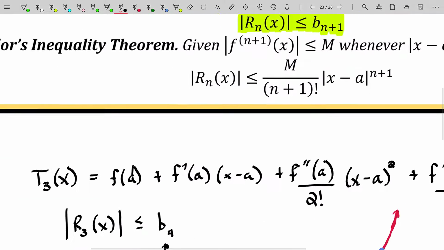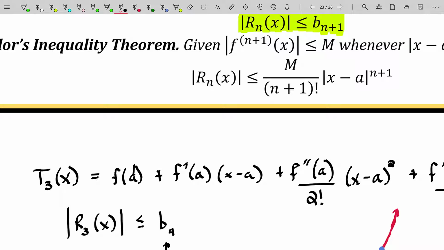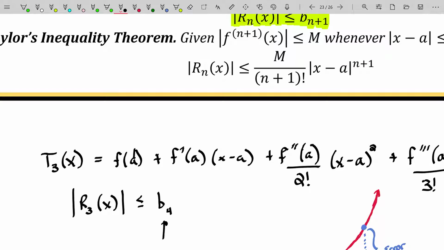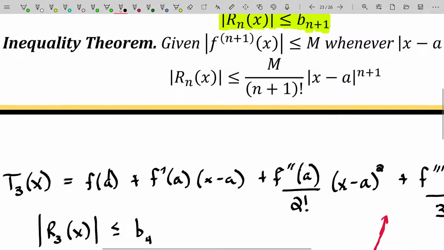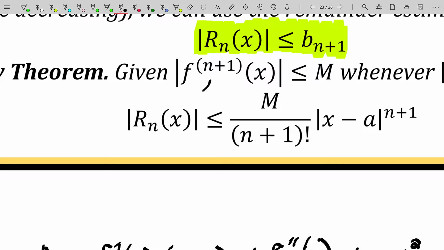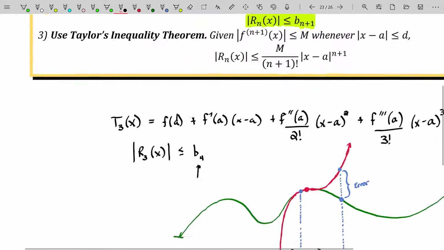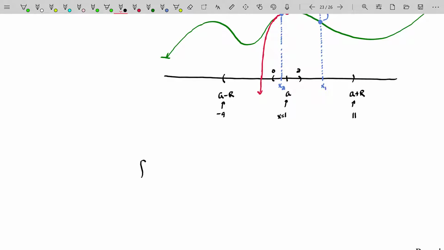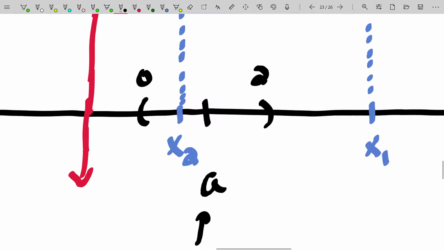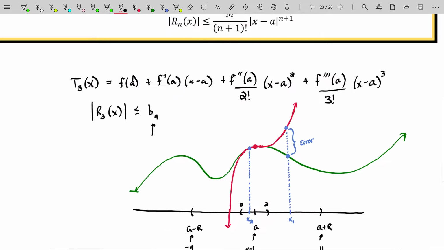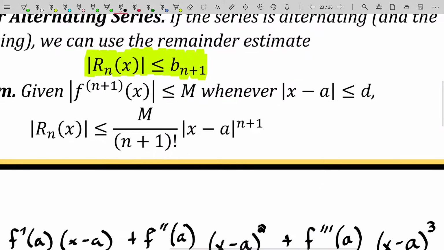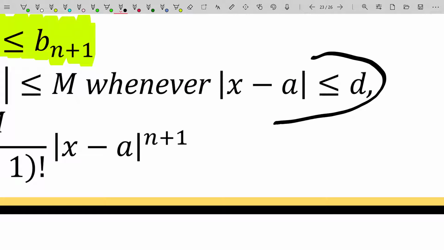So remember, I'm using a third degree Taylor polynomial expansion here, so to outline this process, that means I would look at the fourth derivative of my function, and as long as the fourth derivative of the function is bounded by some number, and when I say bounded by some number, I really mean on this little sub-interval that you're considering. And that's what we say up here.